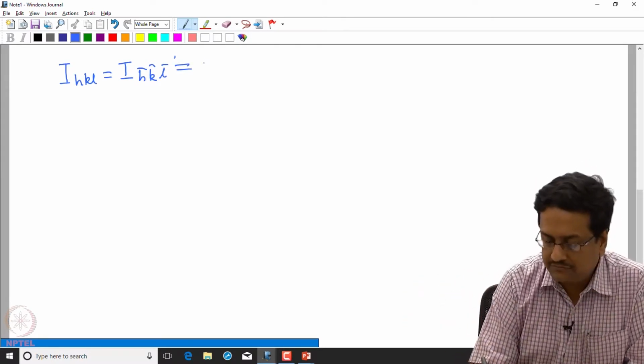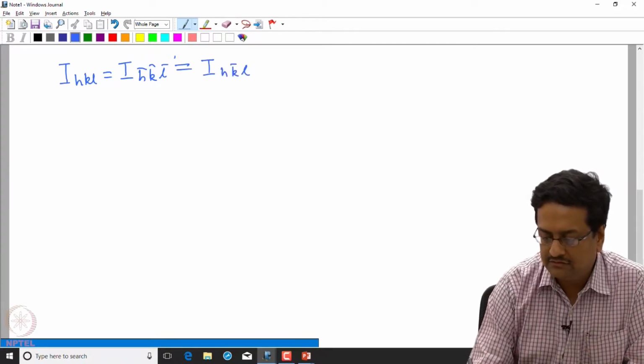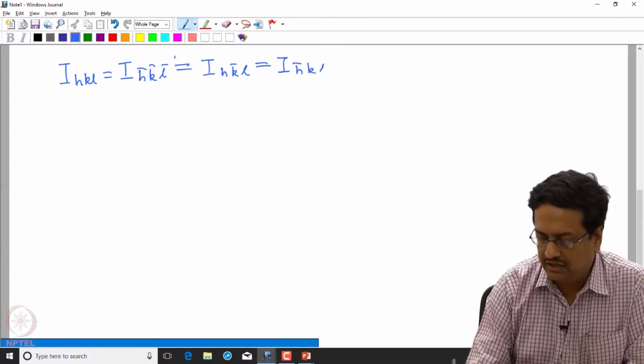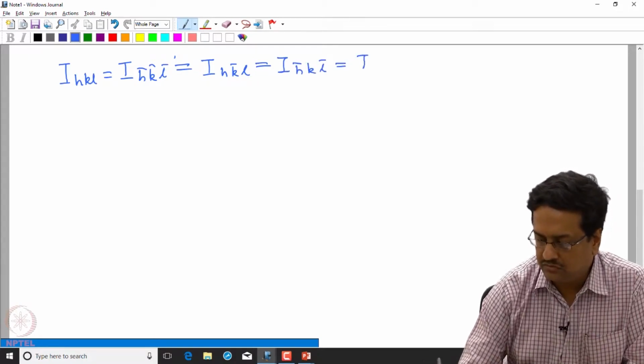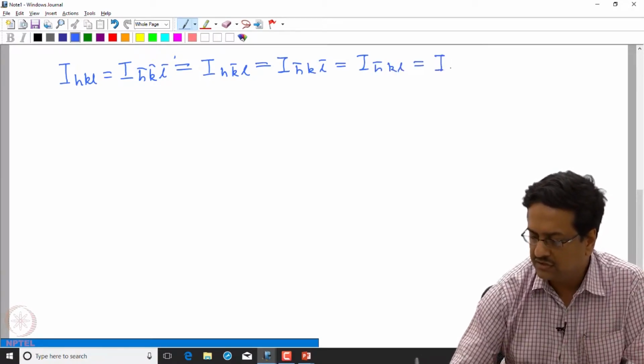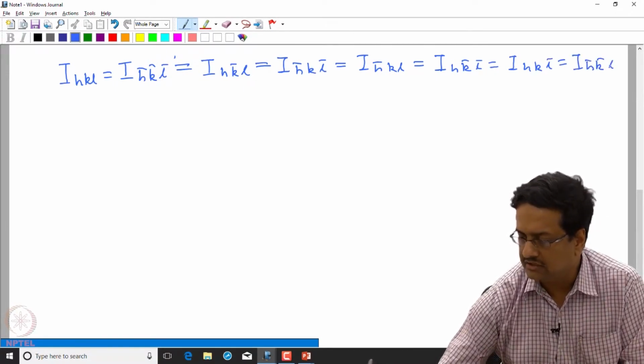So it should have the equivalence as I H bar K L equivalent to its Friedel opposite I H bar K L bar, equal to I H bar K L, equal to its Friedel opposite I H K bar L bar, is equal to I H K L bar, should be equal to I H bar K bar L.